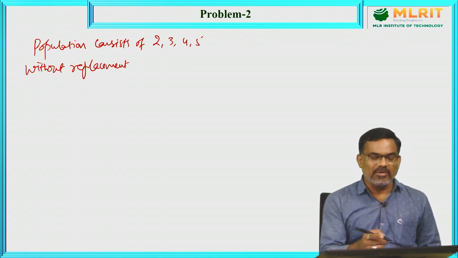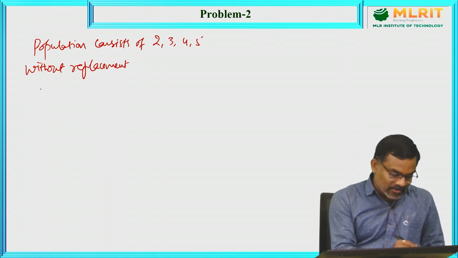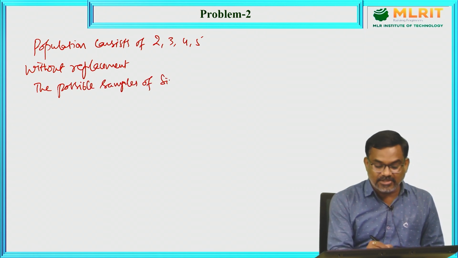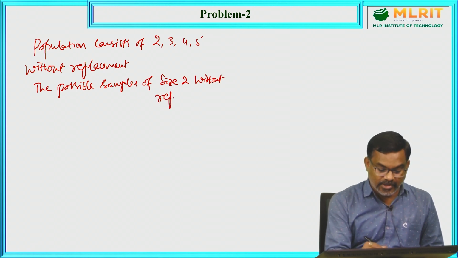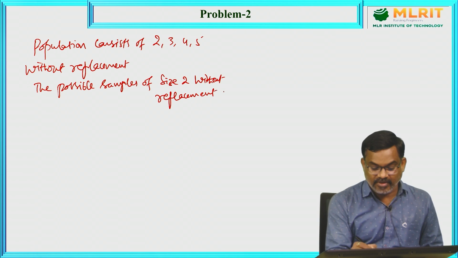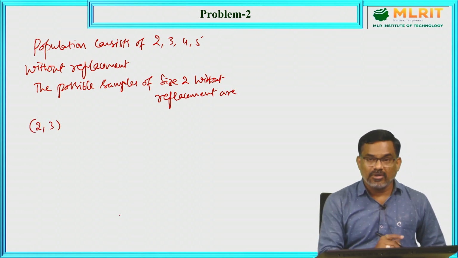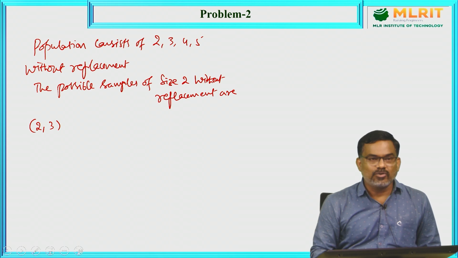So each element of the population can be selected exactly once. Therefore, the possible samples of size 2 without replacement are, for example, let us fix 2. I am not replacing it back, so the sample will be 2, 3. And here 2, 2 is not possible as I am not replacing the element.